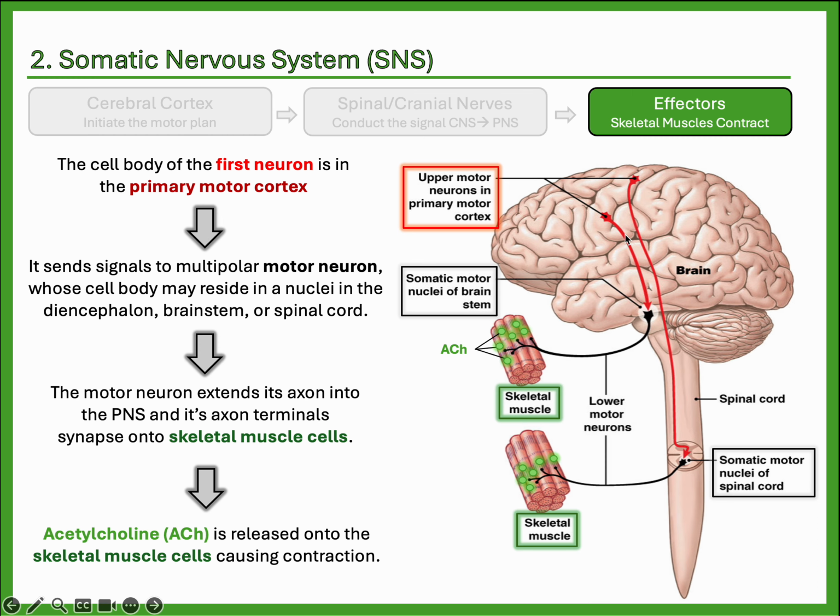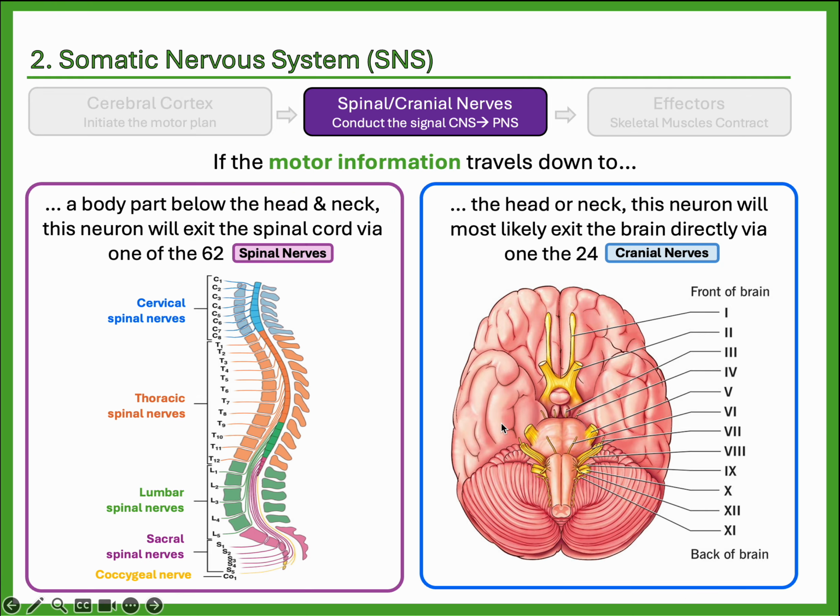Well, my motor neurons will exit out in the brainstem over here through a cranial nerve. But if I'm going to move something lower, like my leg or my abdominal muscles, then I'm going to exit out of the spinal cord to go to those skeletal muscles. It's just a matter of location, what's easiest to get to.